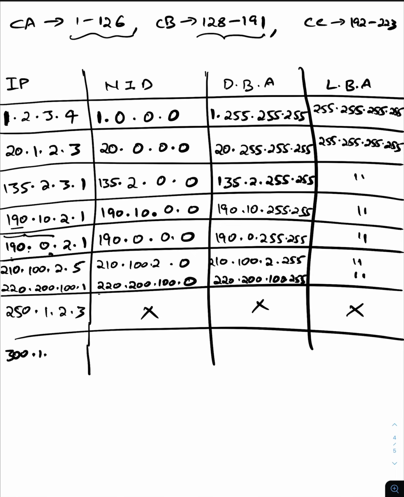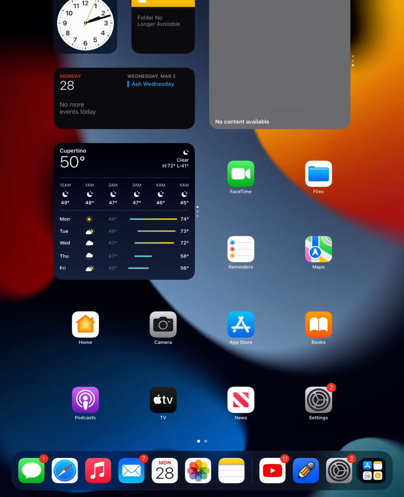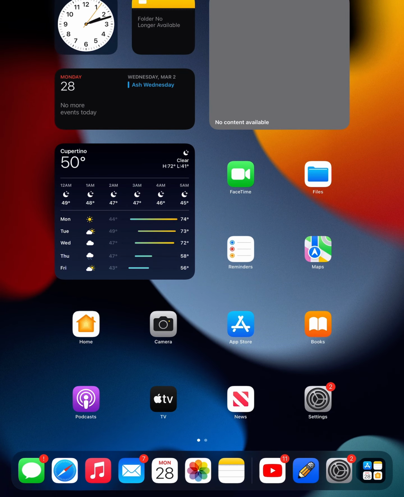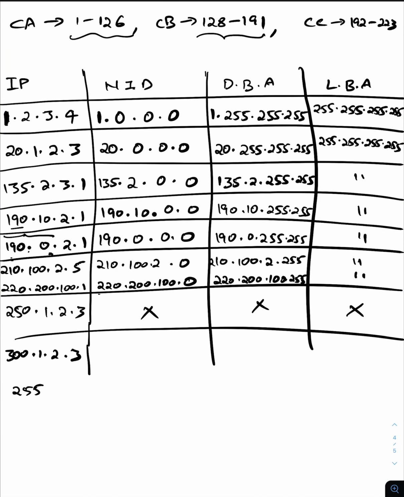Let's take another example, maybe 300.1.2.3. 300.1.2.3 doesn't represent an IP address, because every octet of an IP address is at most 255, and 300 is greater than 255. So this IP is not valid.